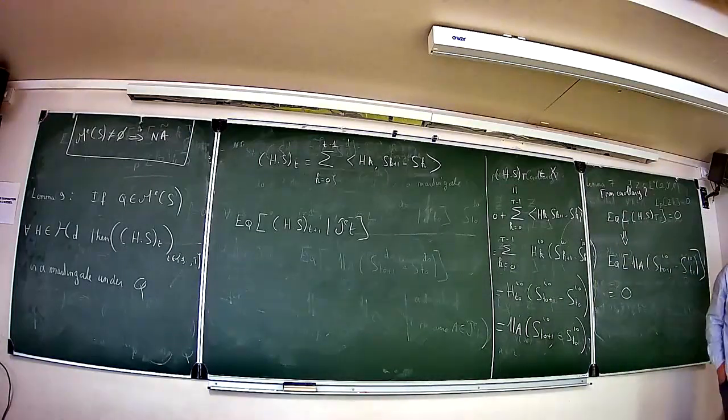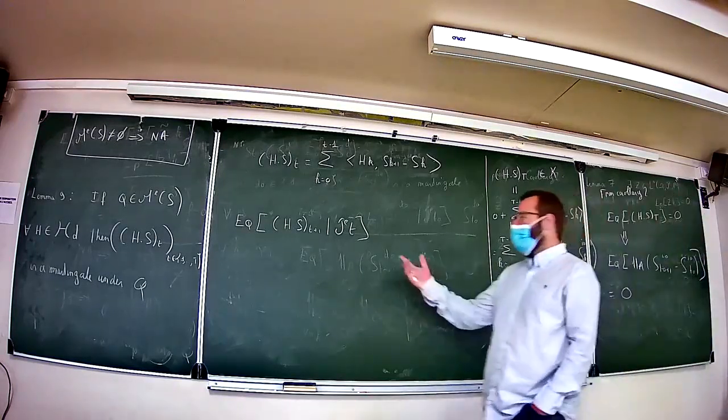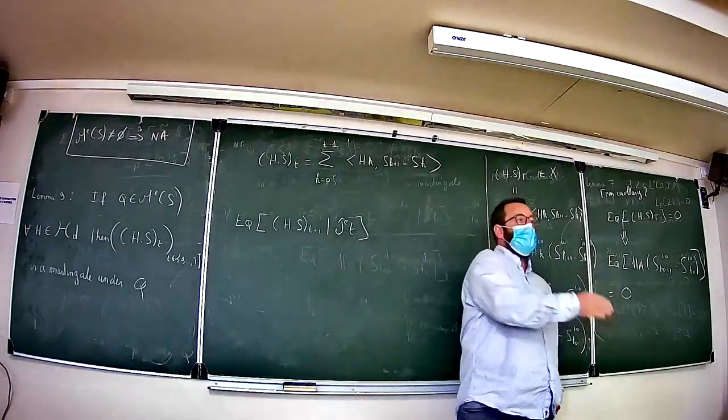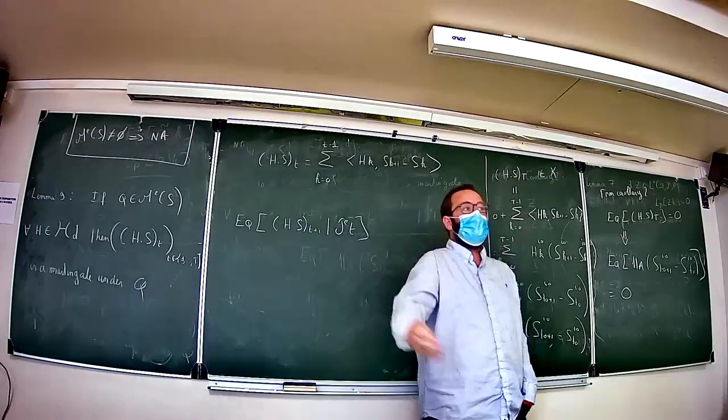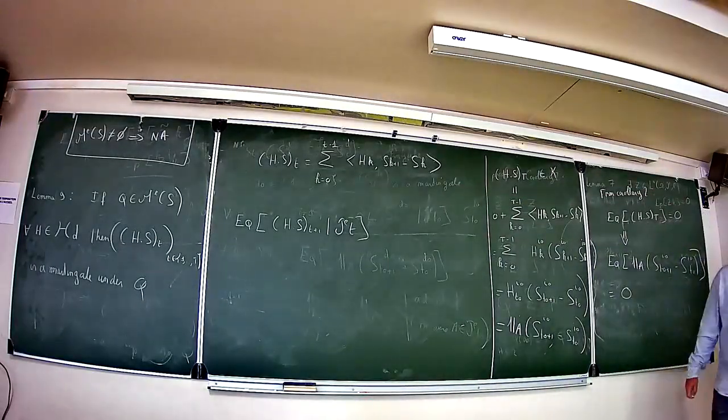And I want to prove that this is equal to HST, the definition of a martingale in discrete time. And in general, when you try to compute this kind of expectation, you can try to isolate something that is measurable with respect to Ft and another part and see what you can do.